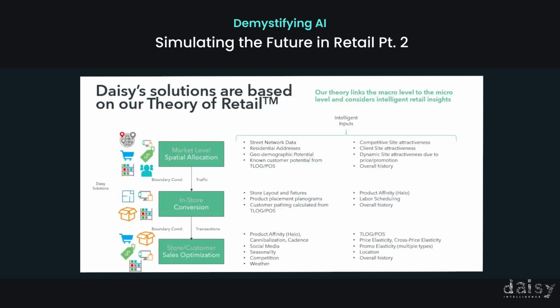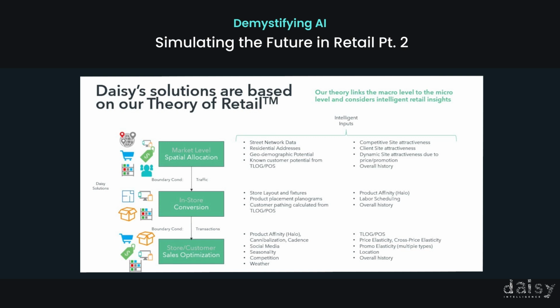We can collect data for the market level view, spatial allocation data, looking at things like street network data, the street network files publicly available, all the residential addresses, where do all the people live, what are all the addresses, that's publicly available data. Geodemographic potential, we know the approximate household income and household sizes of those that can be purchased in Canada. Census data, US, that's generally free.